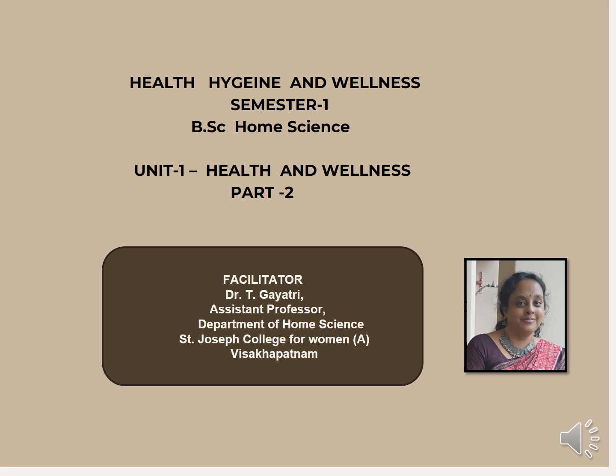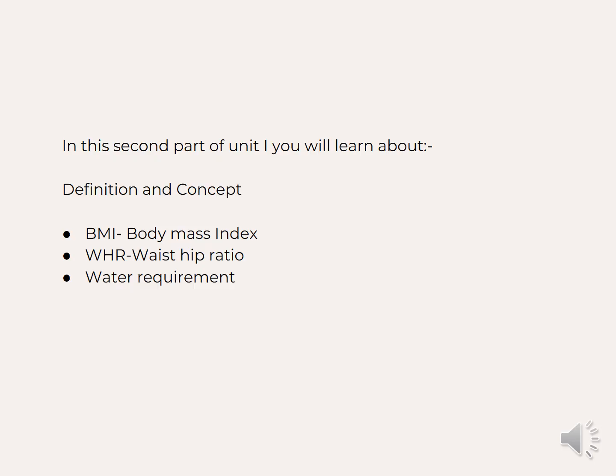In this class, we are going to learn about the definition and concept of BMI, that is body mass index, and waist hip ratio, WHR. These are very critical tools to assess an individual's health status. These tools determine whether the person falls into the obese category, healthy category, or an underweight category.